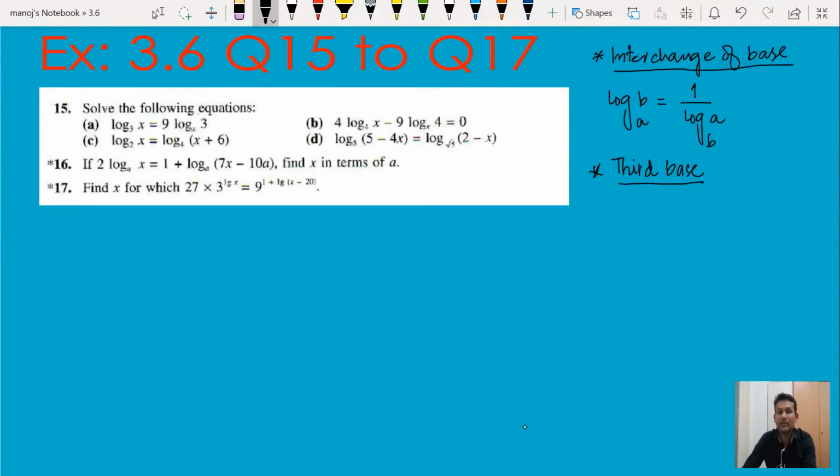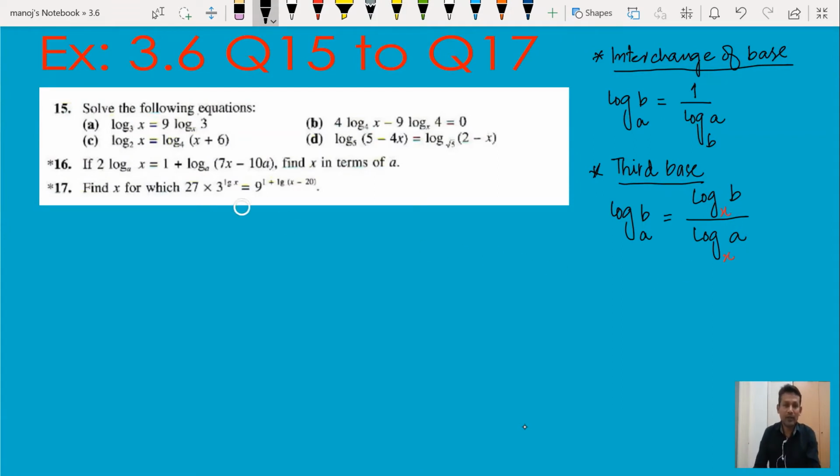The third base means when you have the same condition, log A base B, but you do not need the base B, you need the third base. So you have to write log here, and log here, and the third base is X. Whatever you want, just write it here, the third base. Suppose I need X here, so this B will become here and this A will move here. This is called the third base change of base law.